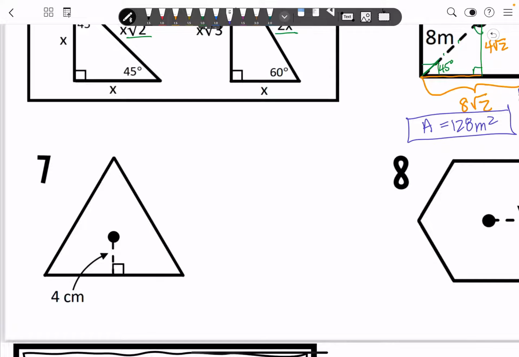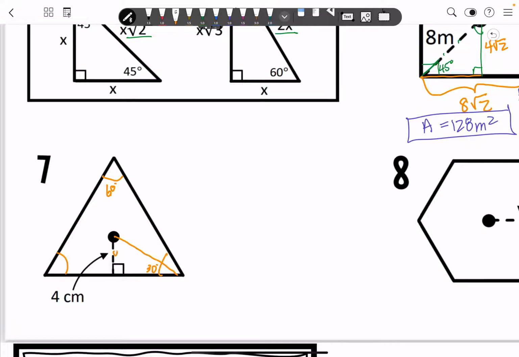Now, in number 7, you've got an equilateral triangle. So that means these are each 60 degrees. All right. Well, we know then if we get a radius right here, that's going to split that angle. I'm going to get a 30 here.